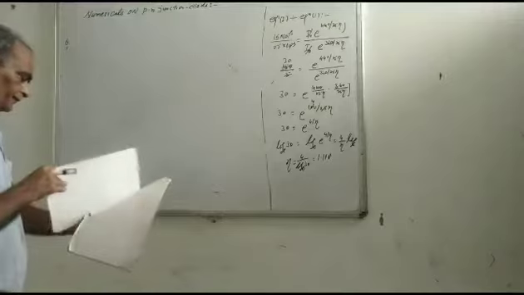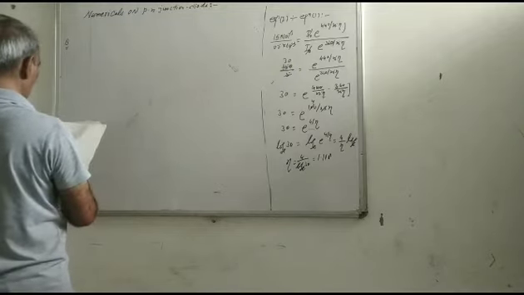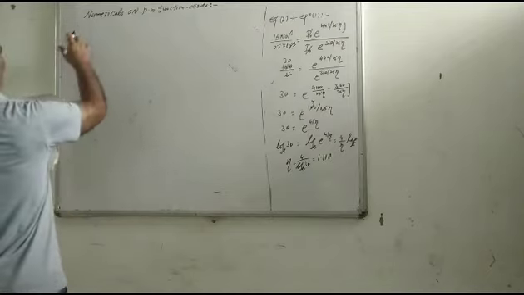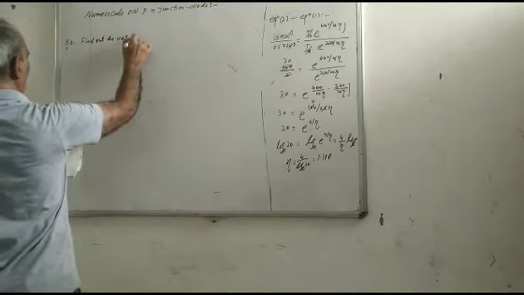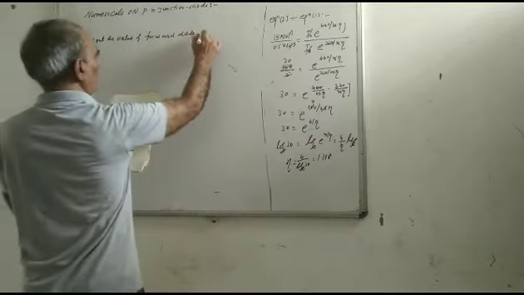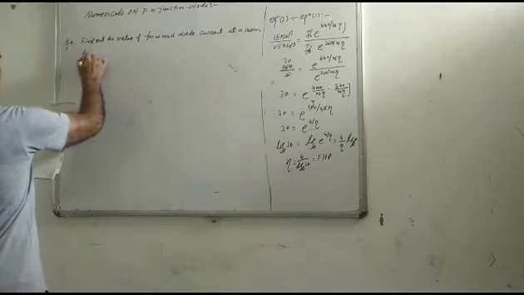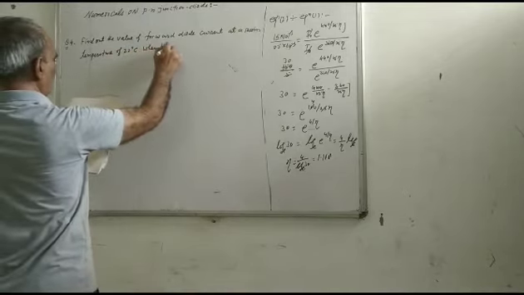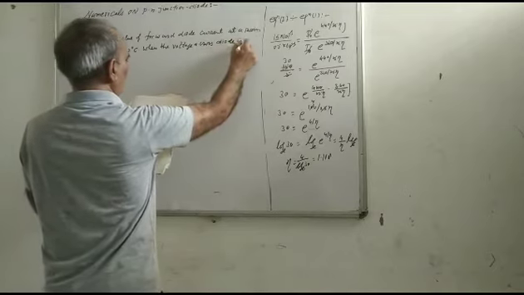Find out the value of the forward diode current at a room temperature of 22 degrees centigrade when the voltage across the diode is 0.3 volts.